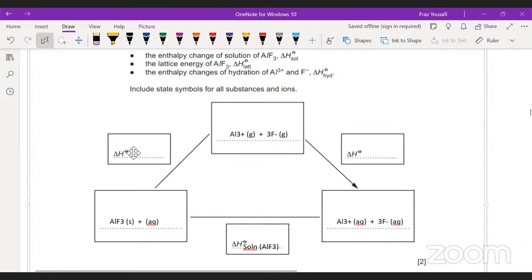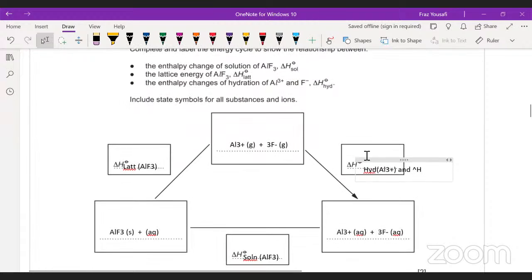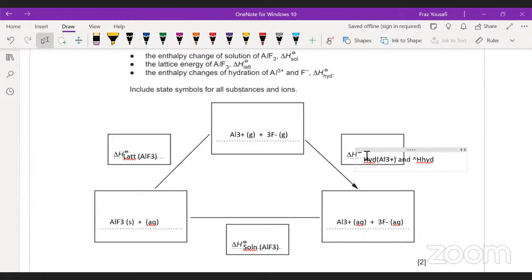And here we'd be looking at the lattice energy of, again, AlF3, while this would be the hydration energy of Al3+, and delta H hydration, given a symbol here, and the hydrations of F-, or 3 times actually.